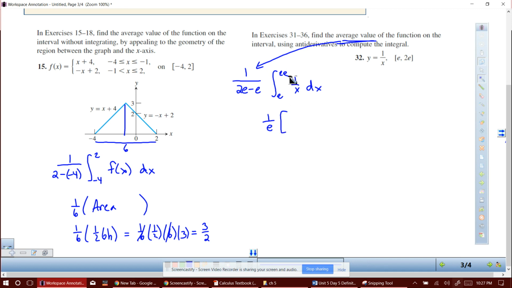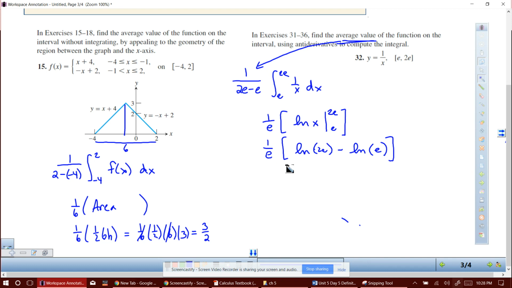And then my antiderivative of that would have to have been the ln of x. And I need to evaluate that for my two endpoints, which would be 2e and e. So when I evaluate, I do the top, the ln of 2e minus the bottom, the ln of e, and then I have a 1 over e on the outside.